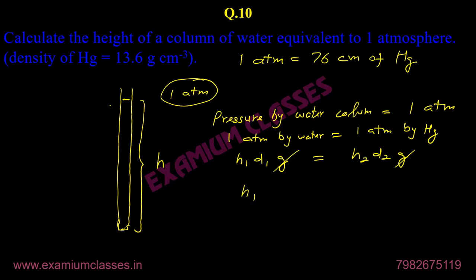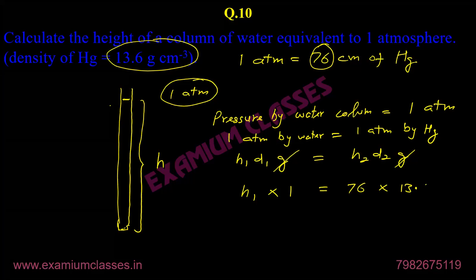H1 we have to find, density of water we know is 1 gram per ml. H2 we know, 76 centimeters. Density is given, 13.6 gram per centimeter cube. From here you will get H1.